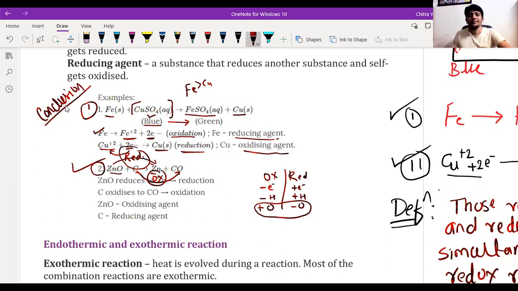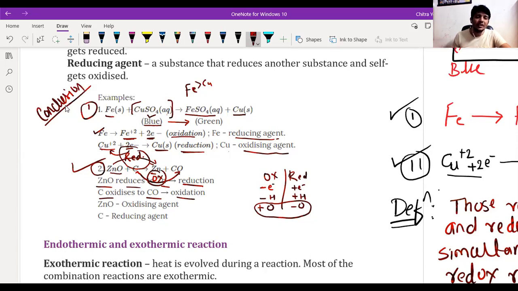Understood? Where ZnO is reduced to form zinc, and carbon is oxidized to form carbon monoxide. So here reduction and oxidation reactions take place. Hence, the given reaction, ZnO plus carbon equals zinc plus carbon monoxide, is a redox reaction.